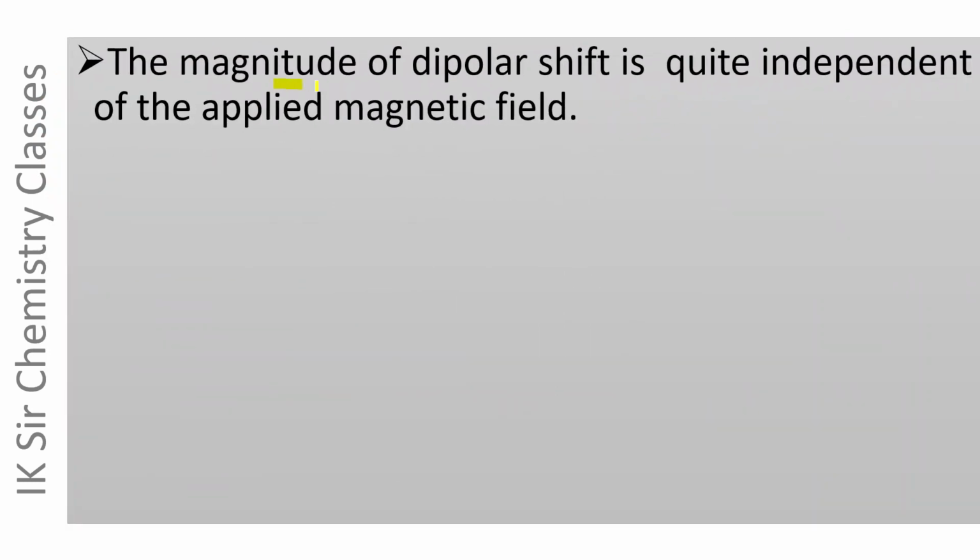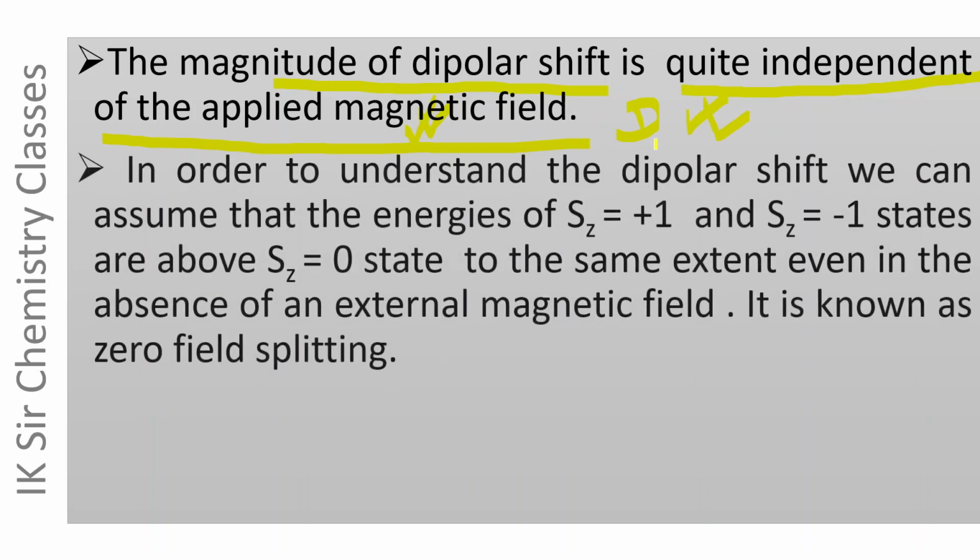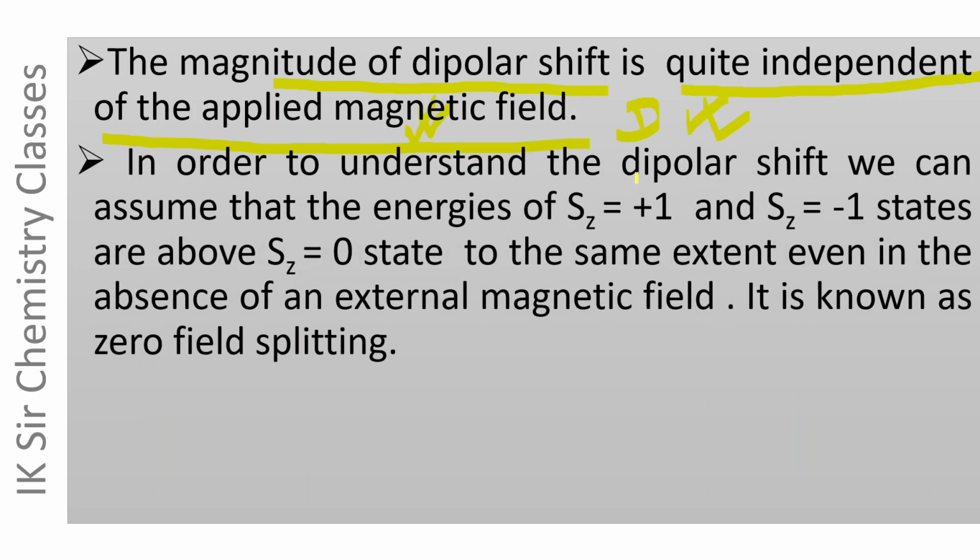The magnitude of dipolar shift, that is D, is quite independent of the applied magnetic field. Capital D does not depend upon the magnitude of applied magnetic field because this dipolar shift is caused by electron-electron coupling.